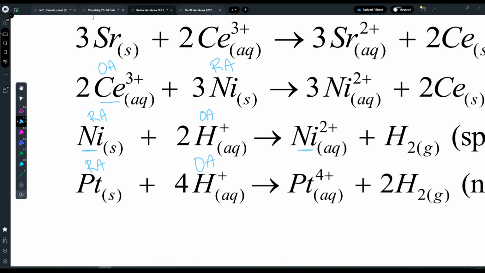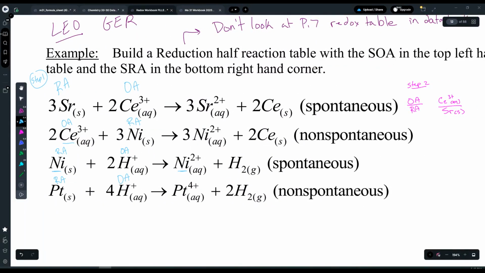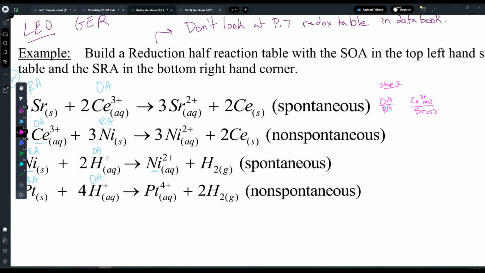Okay, so keep in mind you might want to double check your OA just in case you do mess up figuring out your first agent. So here we go from a 1+ charge to a neutral charge. So we're getting more negative. Okay, so we're gaining electrons. Gaining electrons is reduction, oxidizing agent.